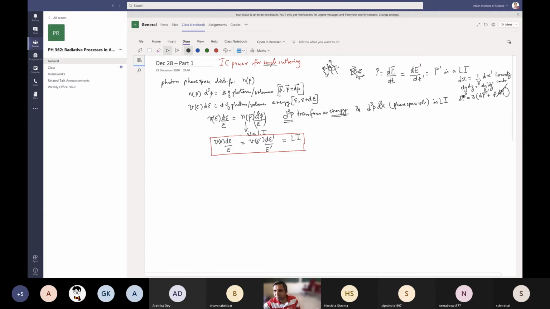Similarly, dpy dpz was equal to dpy prime dpz prime, because this is in the transverse direction. You're considering a boost only in the x direction, and so dpx has to be equal to gamma dpx prime.